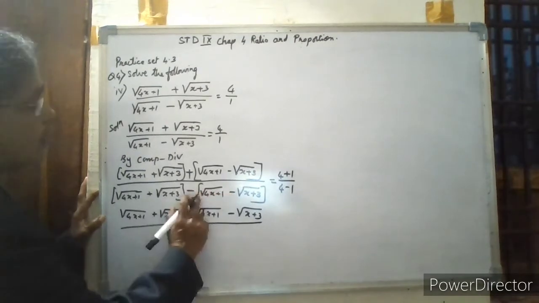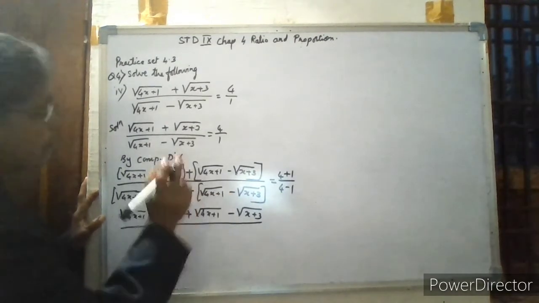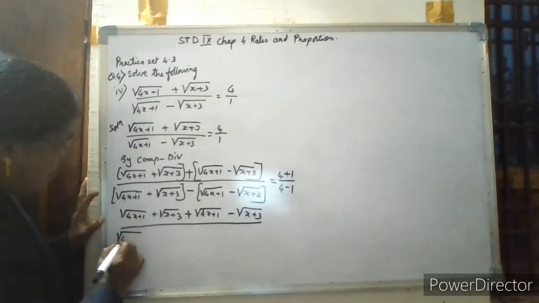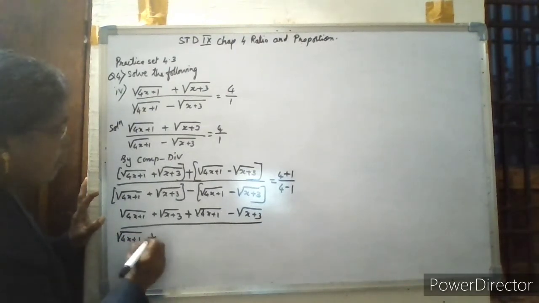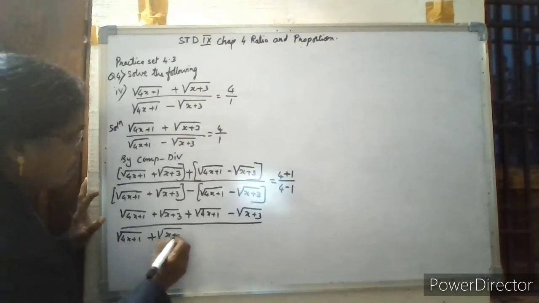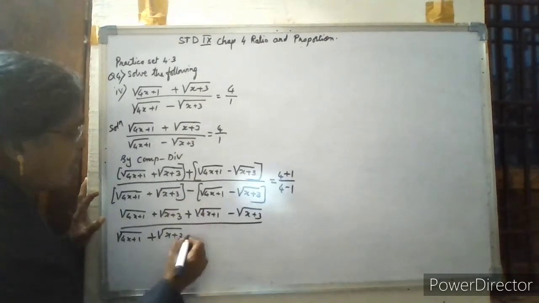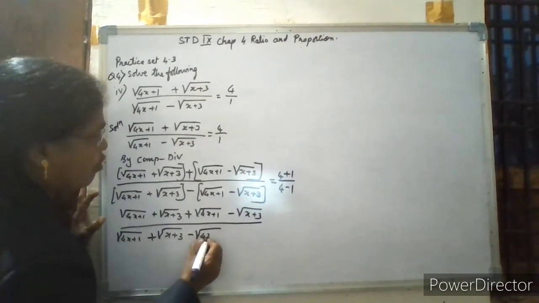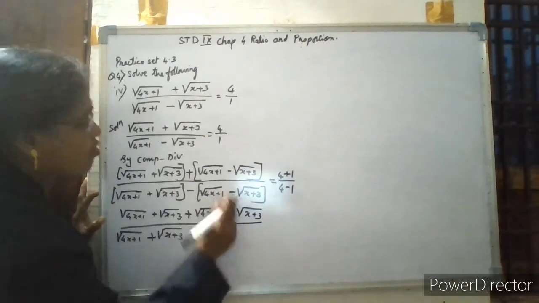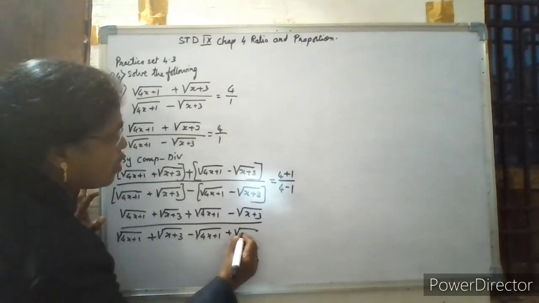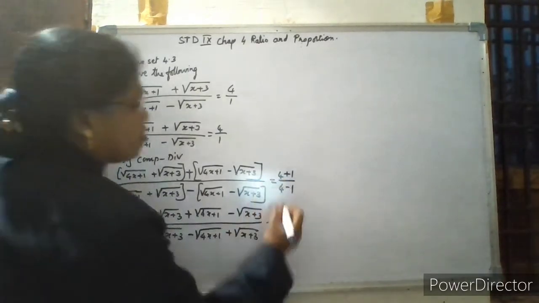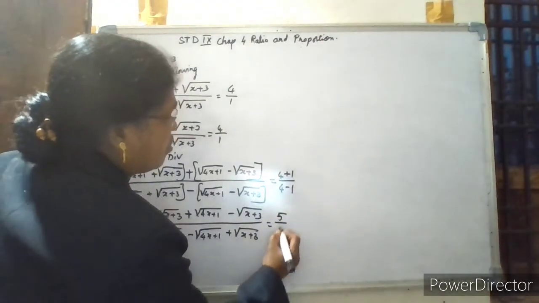This will become plus and this will become minus. Rest all is the same. So root of 4x plus 1 plus root of x plus 3, then minus plus to minus root of 4x plus 1, minus to minus is plus root of x plus 3. This is equal to 5/4 minus 1, which is 3.